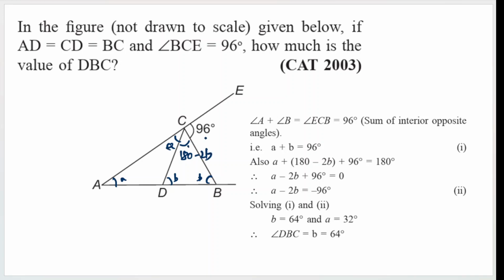So A plus 180 minus 2B plus 96 degrees is 180 degrees. This is one part of it, right?